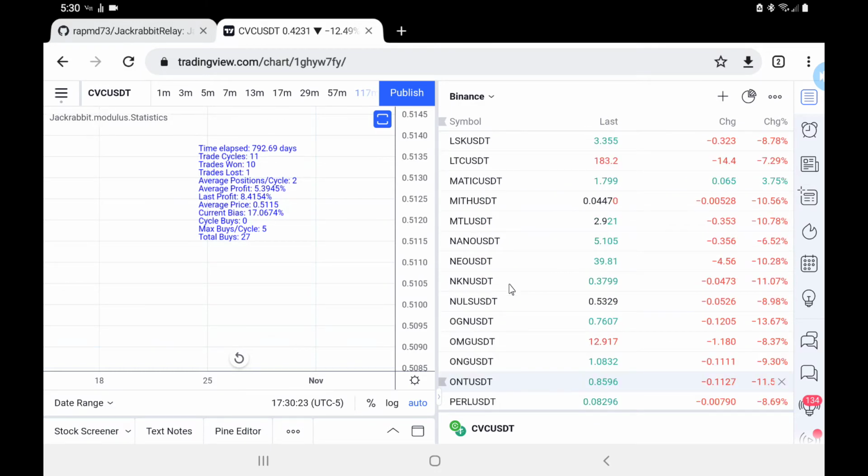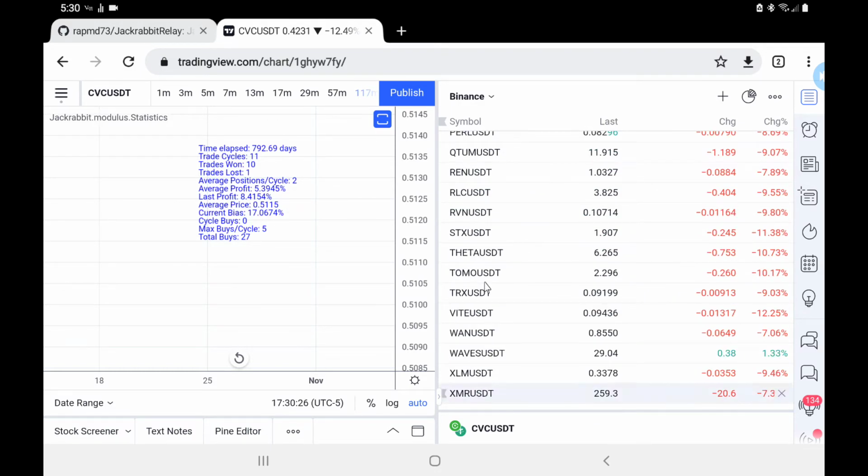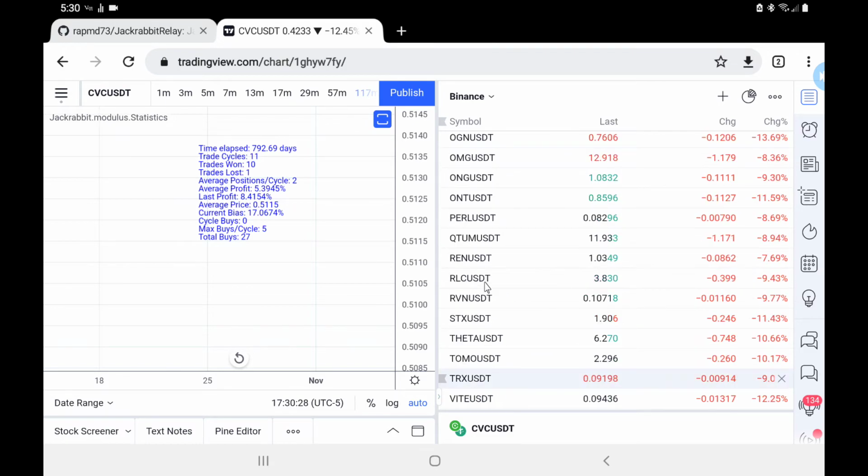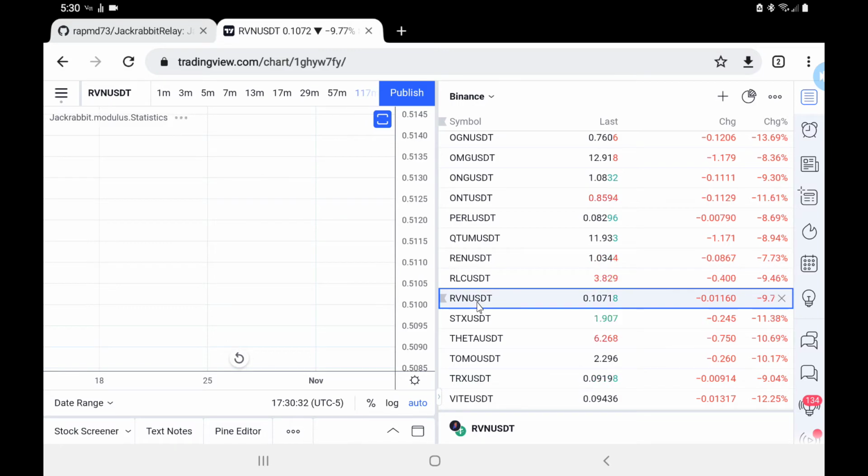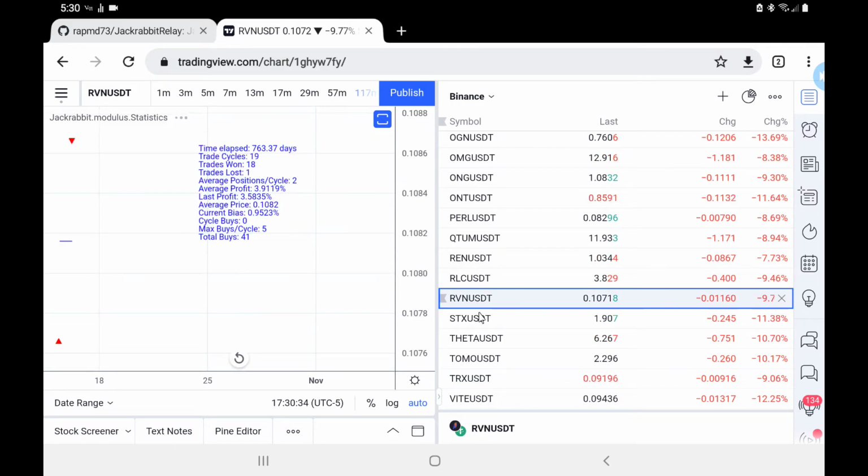Let's go down to a coin that just keeps on taking. Raven. This coin has a way of draining budgets faster than a leaky bucket. And yet it is limited and controlled very easily.